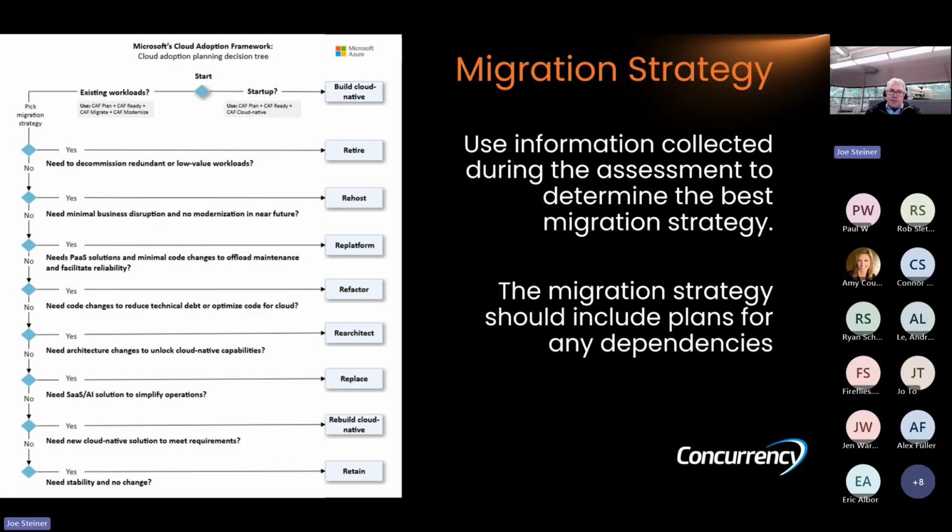So if you've got an existing workload, we're migrating this, whether it's on premise or from another cloud, and I've collected all my data, I can then go through this decision framework to determine what it is that I want to do with this. So if it's low value, redundant, consider, should it be retired?